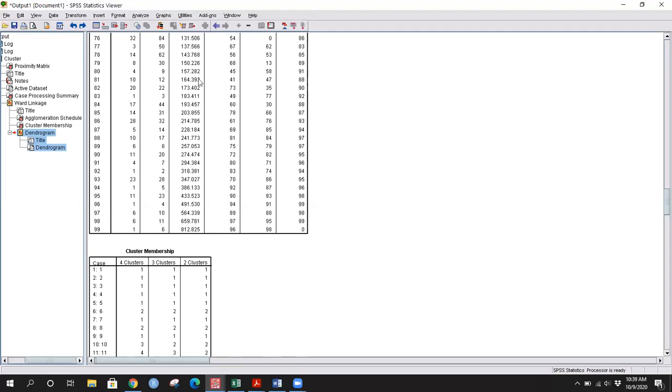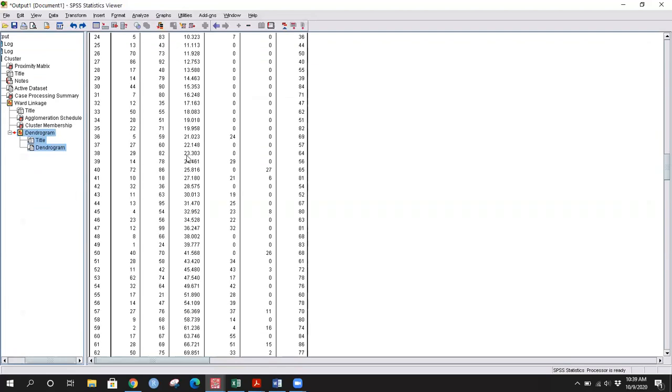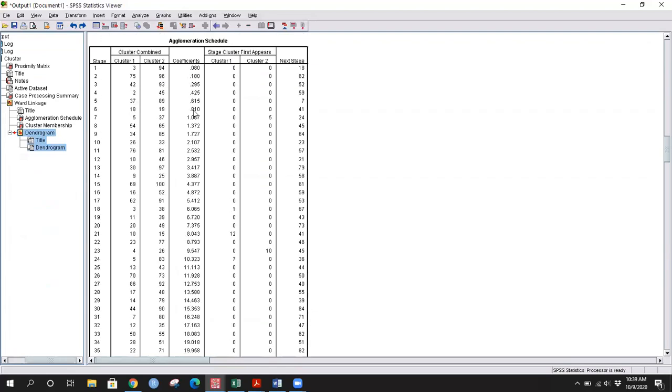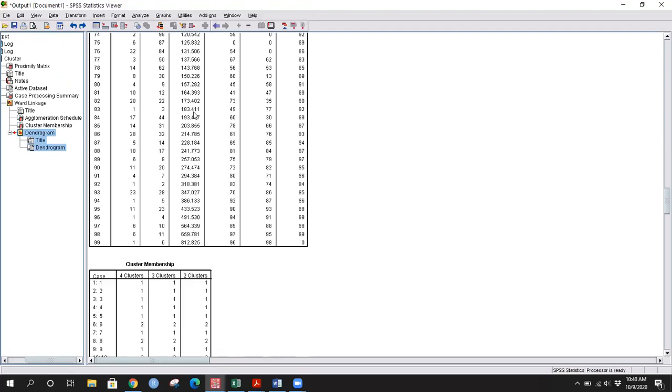That means you will now find out the change in this distance coefficient. And when you see that that particular distance is indeed significantly large, then you will stop at that point and you will just look at the number of cluster solutions from the stage column and you're good to go.